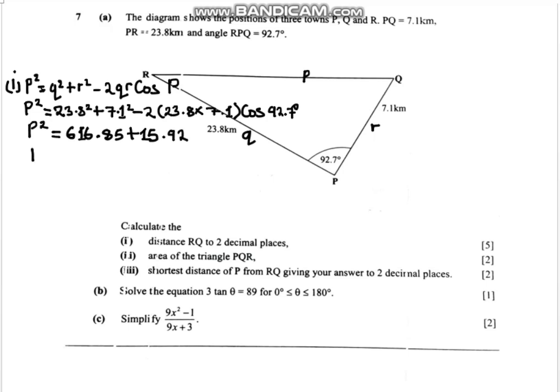And then p squared is equal to the addition of 616.85 plus 15.92, which gives 632.77. Then to get p, we need to work out the square root. So we'll apply square root on both sides.